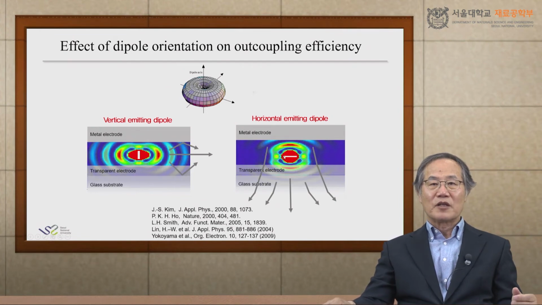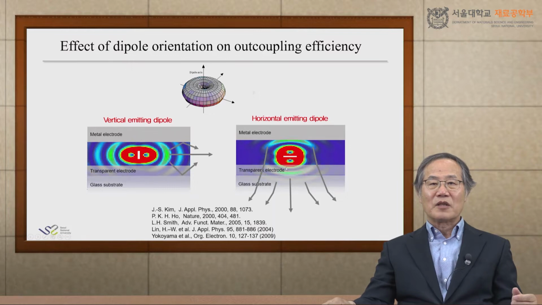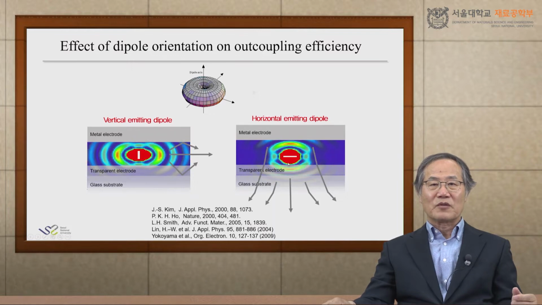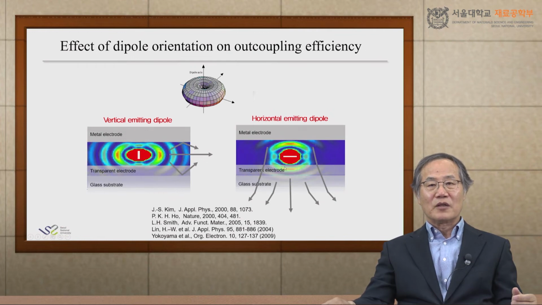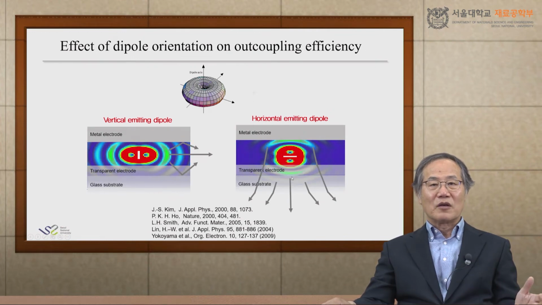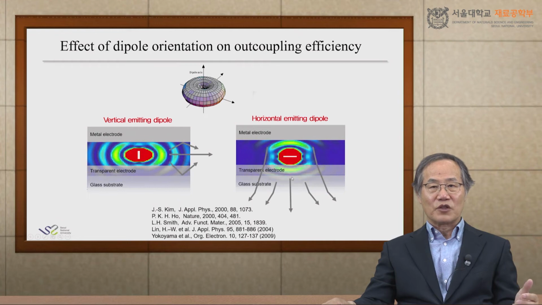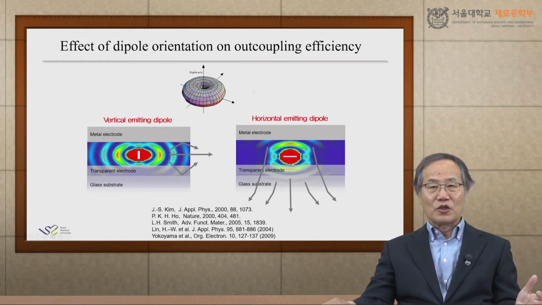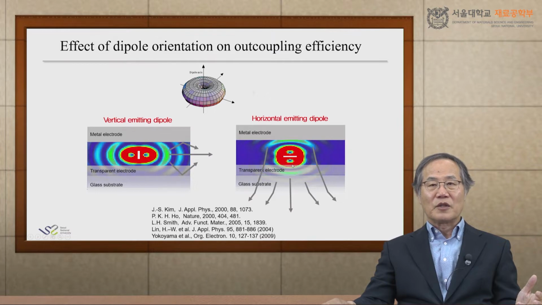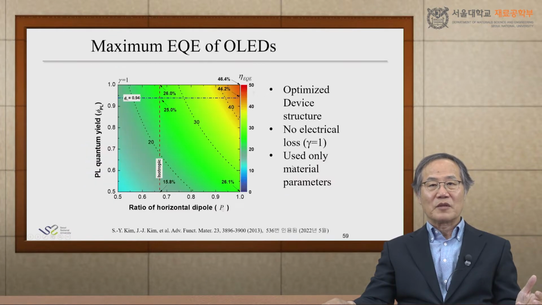But for horizontal dipoles, 50% of the light is emitted to the vertical directions, so the outcoupling efficiency is much larger. So we need to consider this effect of orientation and also PLQY, which are critical parameters.